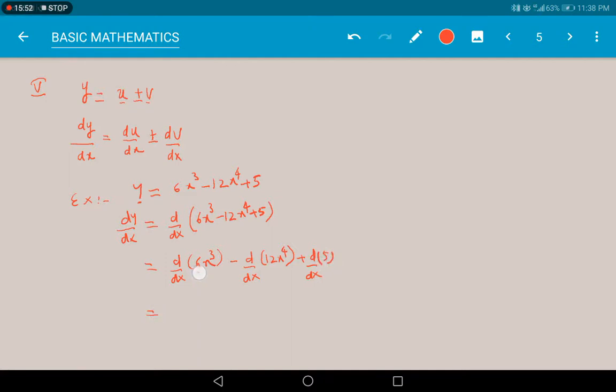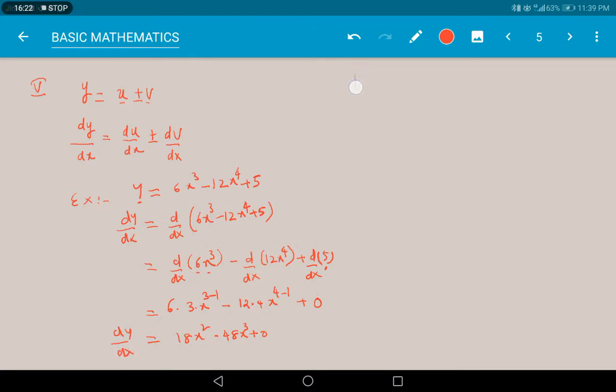Each is a constant times x to the nth power, so constant in front, 3 into x to the power of n minus 1, minus constant 4 into x to the power of n minus 1, plus the derivative of the constant function, which is 0. Therefore dy by dx is 18x square minus 48x cube plus 0.